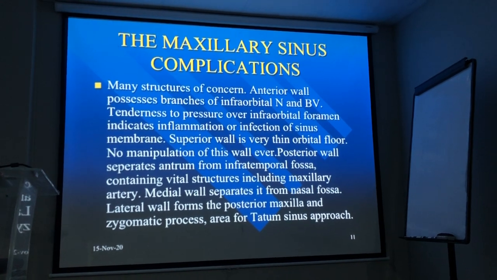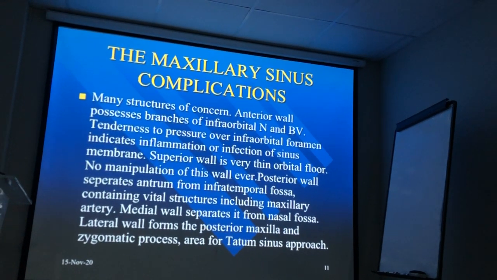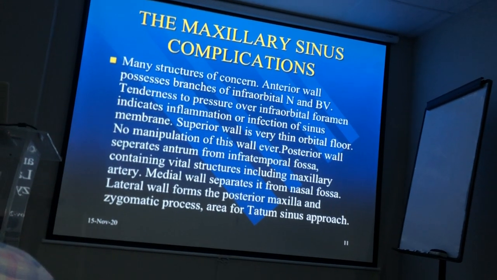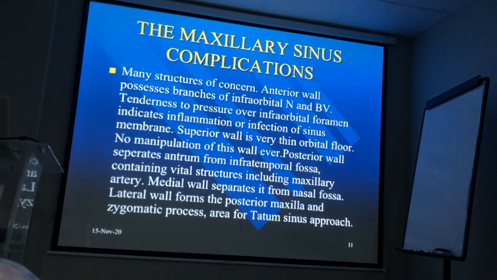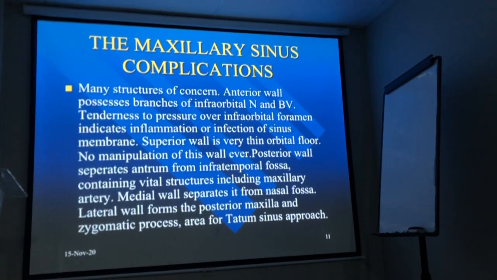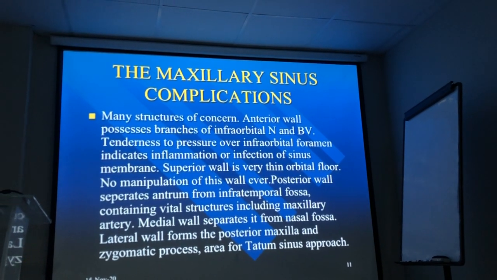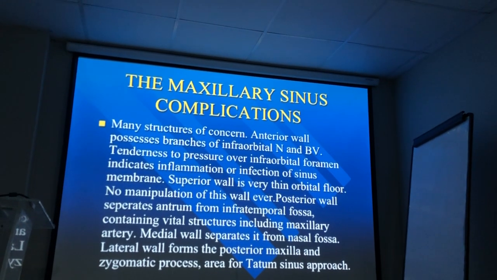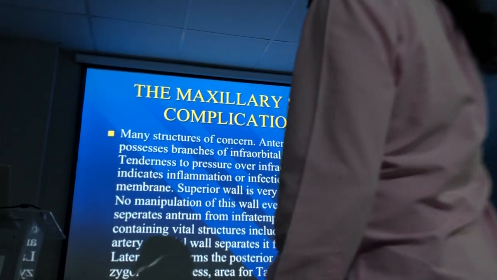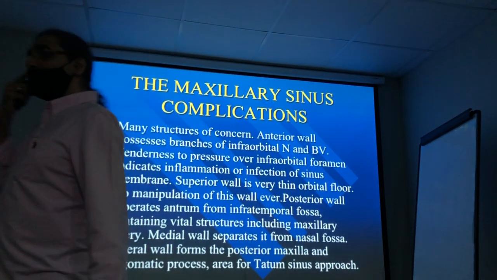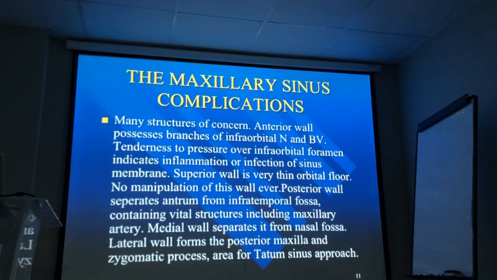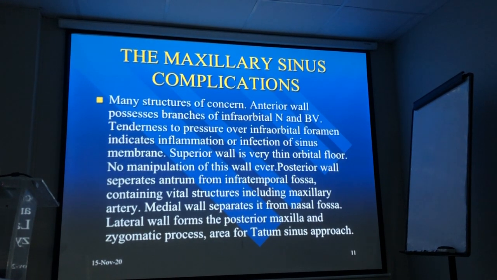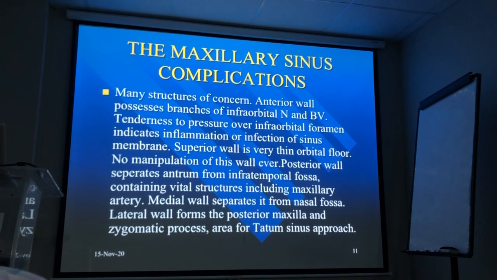Now, if we have an increase in pressure over the infraorbital foramen, this can indicate sinusitis. Many times when patients come with sinusitis, they tell you in the infraorbital area, 'Sir, I feel some pressure here.' They will indicate somewhere not just below the sinuses but just under the orbital socket. So usually that is a presented clinical sign and symptom.